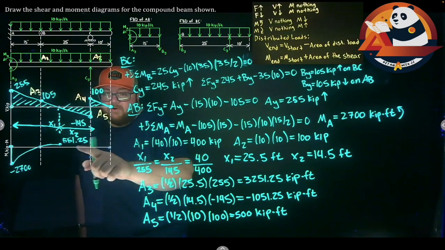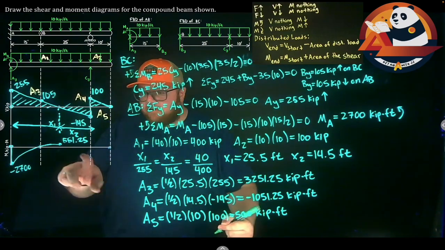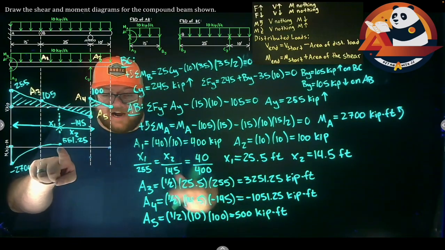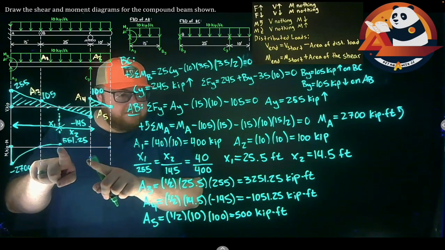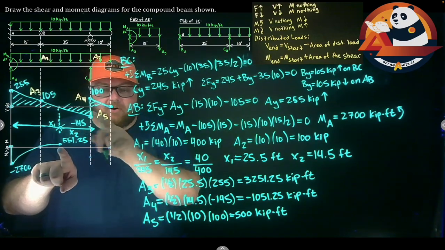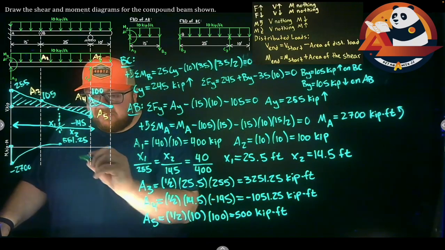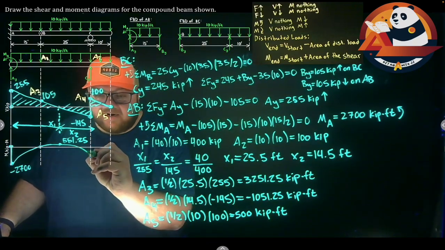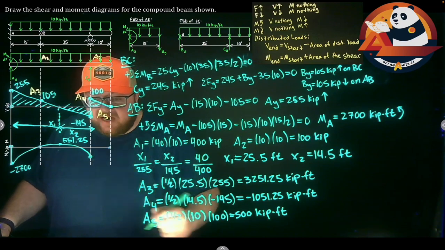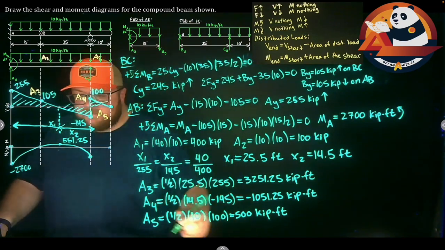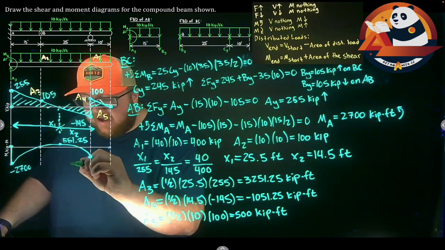Then we can go to area 4. At the end of area 4, our moment should be the moment at the beginning, 551.25, plus area 4, but it's negative, so minus 1051.25. We're going to curve back down, and I'm exaggerating this parabola just to get space in here. That's going to end us up at negative 500.